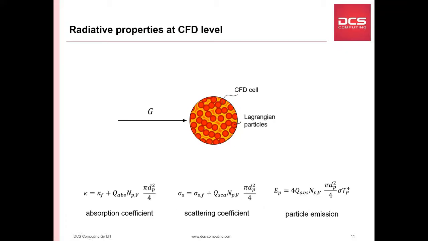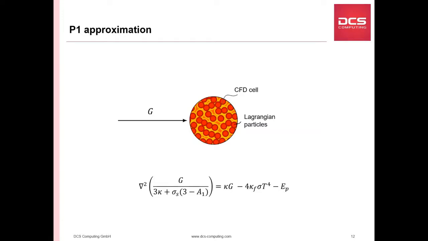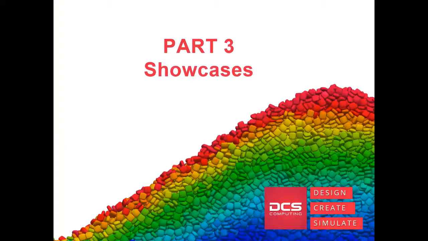At the CFD level, when it comes to radiative properties, we sum up influences from the fluid and the particles. And at the whole level, we solve one very simple Laplacian equation for radiative intensity.